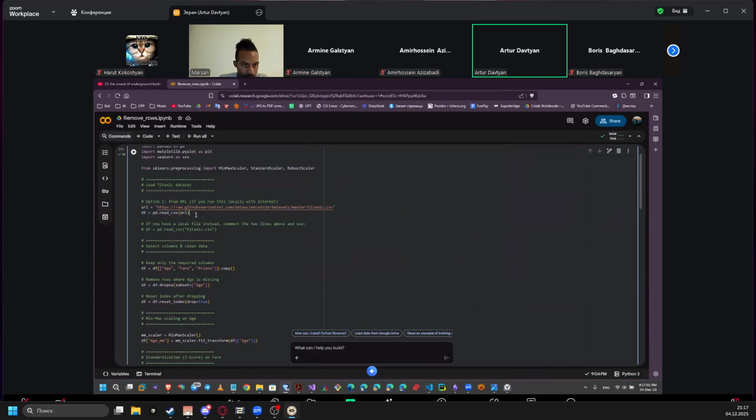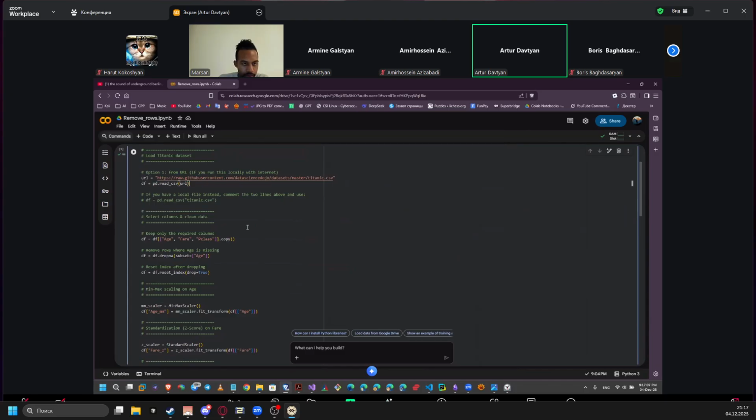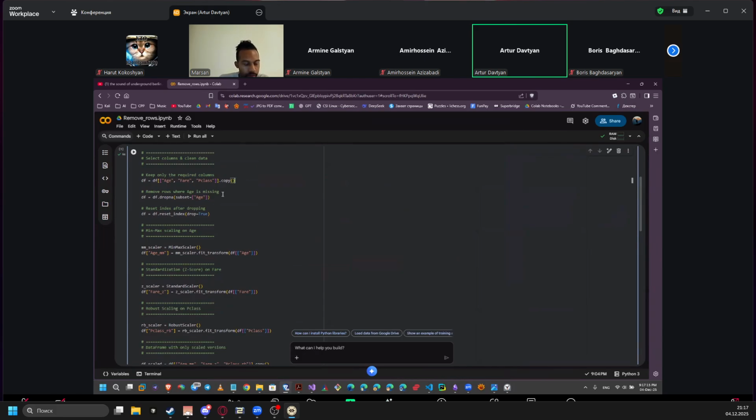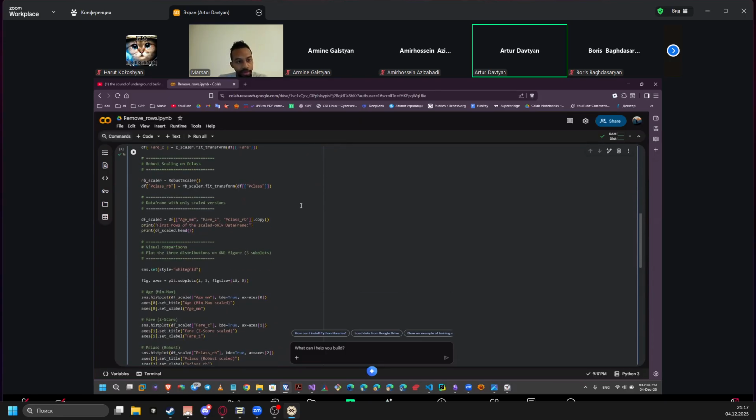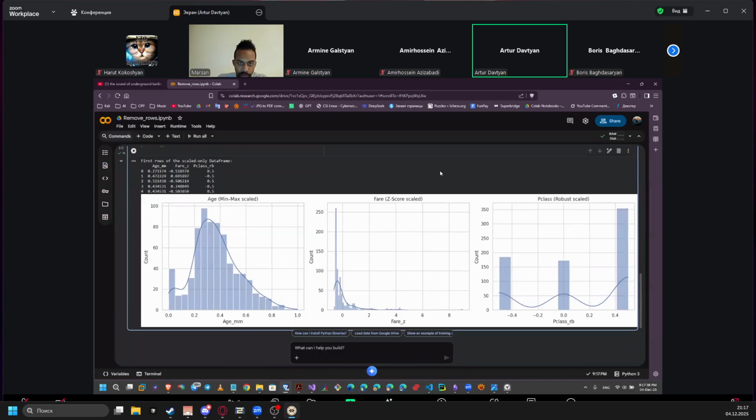The data set we read, then we selected our required columns. We remove the age because we're not using it. Let's run it. Sorry, we remove not the age, the total row. So it's already running now.